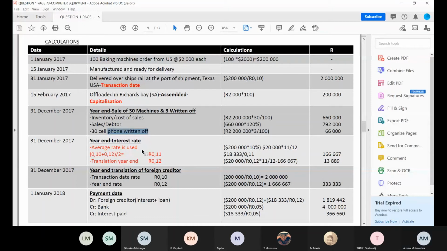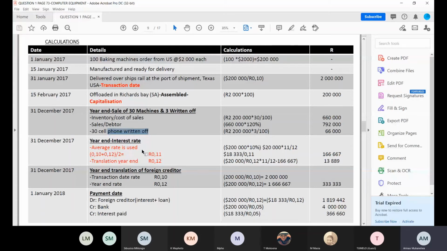If you look at the information, interest rate was 10%, so we took 200,000 in dollars. We multiply that by 11 out of 12. Why 11 out of 12? Because it's from end of January until December.